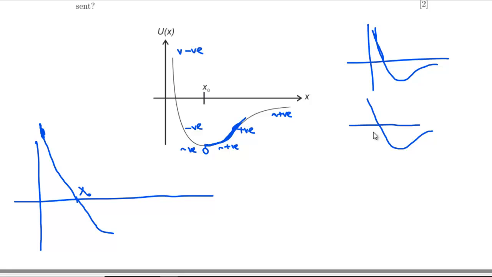And then the gradient is going to be less and less positive, so it's getting less and less negative when we multiply it by -1. But we never make it back to 0 because we've got an asymptote here, so we'll have the same thing on the other side.